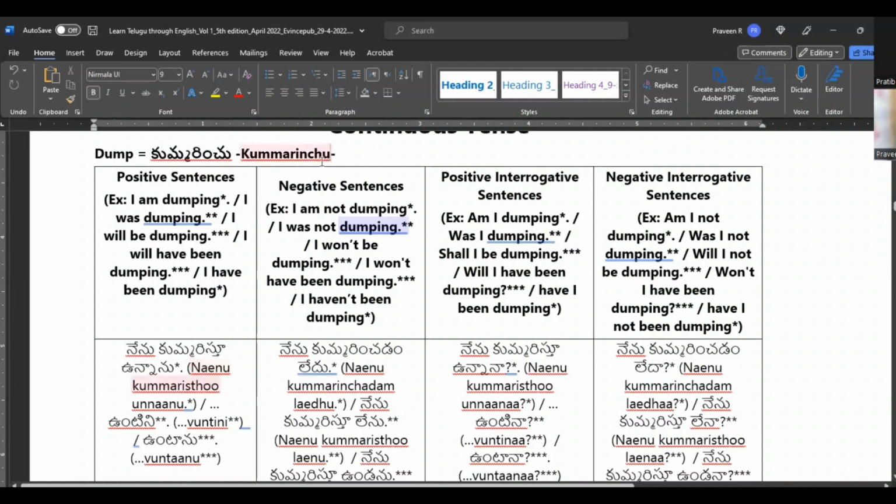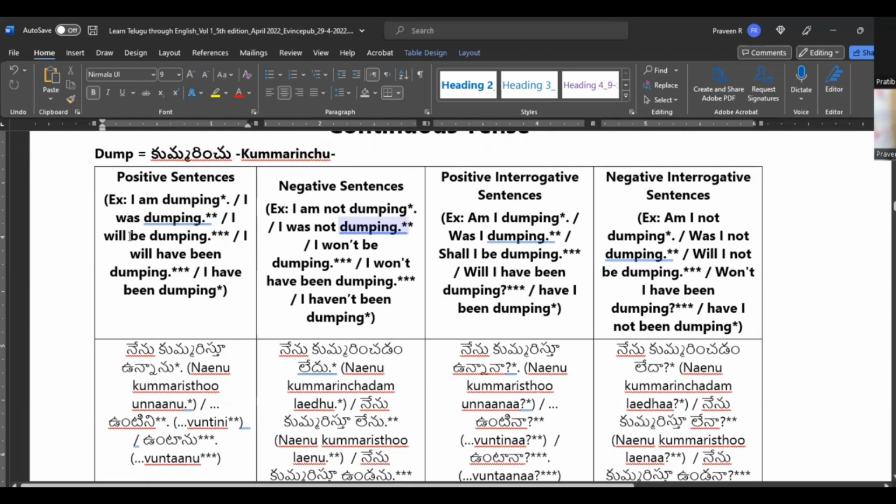So inchu has gone, then became stu. Okay. Kummarinchu became kummaristu in the continuous form. Unnanu is the common meaning for am. That way you can remember. I am means nenu unnanu. I was means nenu untini.